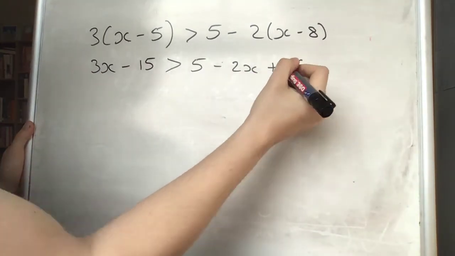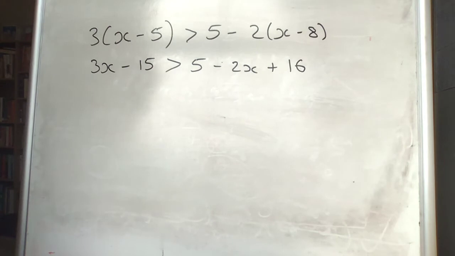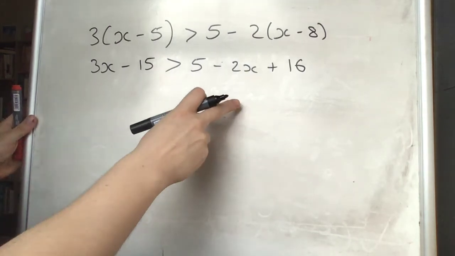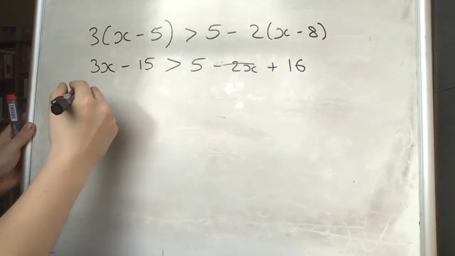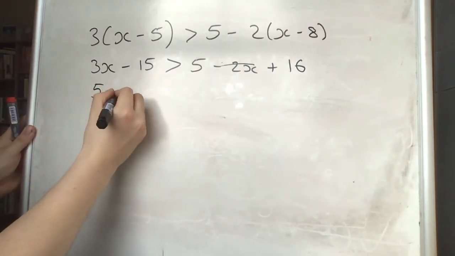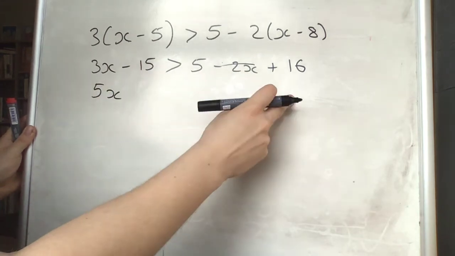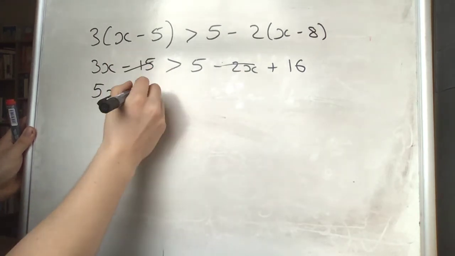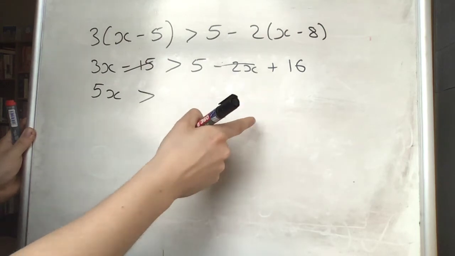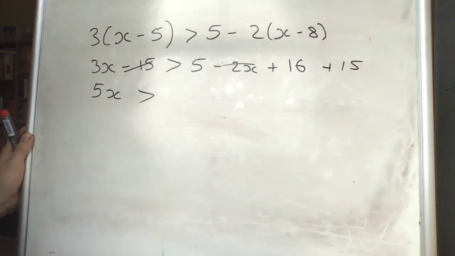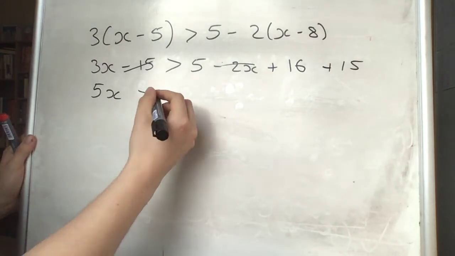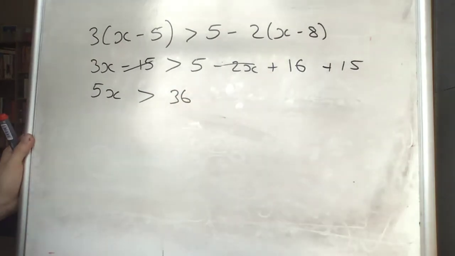That gives us positive 16. As before, we want to collect our like terms, so we're going to add 2x to both sides, so that will cancel that out and put it over here, giving us 5x, and we're going to add 15 to both sides, so that cancels that out, so it's going to be 5 plus 16 plus 15, which gives us 36.